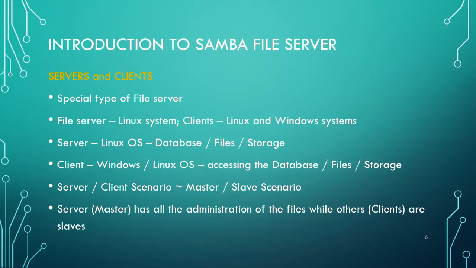The server has the database, the files or the storage where all the files are stored. The client is the one which will access the files on the server. It's basically a client-server scenario, and it resembles a master-slave scenario where the server is the master and all the clients are the slaves.